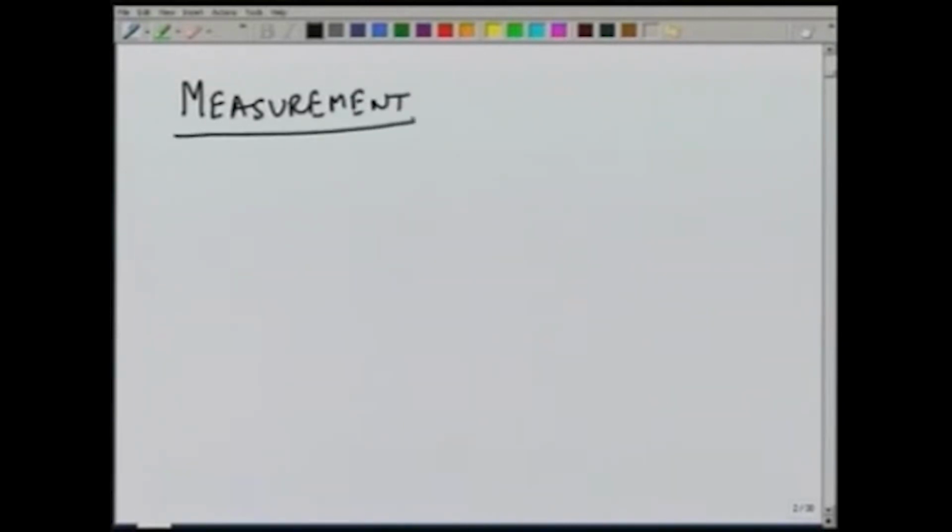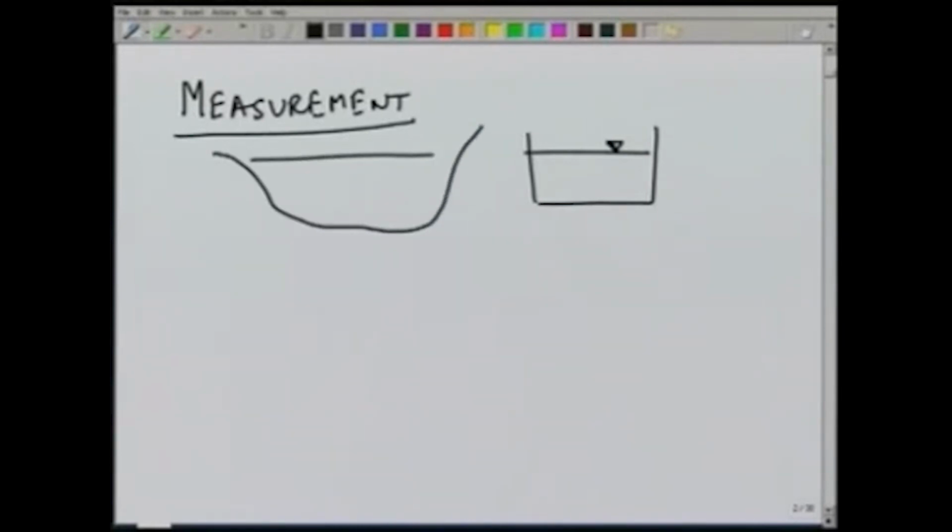Now, measurement of evaporation is quite straightforward. Let us say we want to estimate the evaporation from a lake. On the surrounding area or nearby this lake, we can put a pan and we measure the water level at different times.